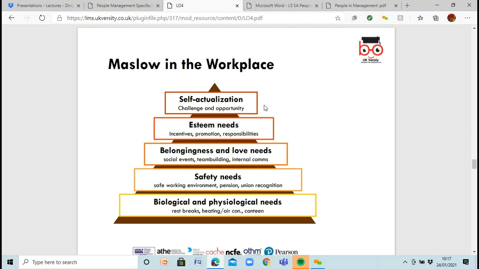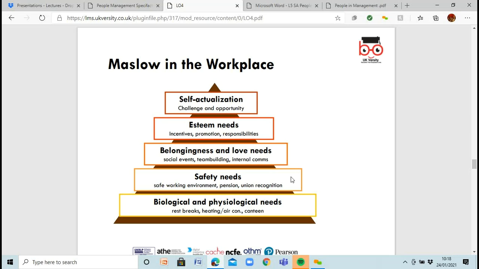Now, Maslow within the workplace is implemented in a slightly different way. So this is how Maslow's theory will be implemented at work. So for biological and physiological needs, you need breaks, you need heating on, air conditioning, you need to be able to have access to food. So if you don't have a canteen, you need a staff room where you can put a fridge in, tea, coffee.